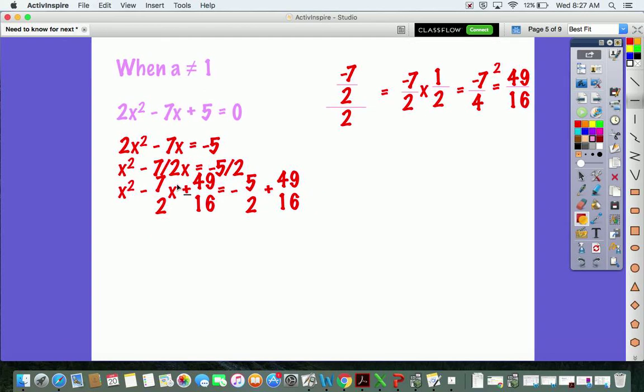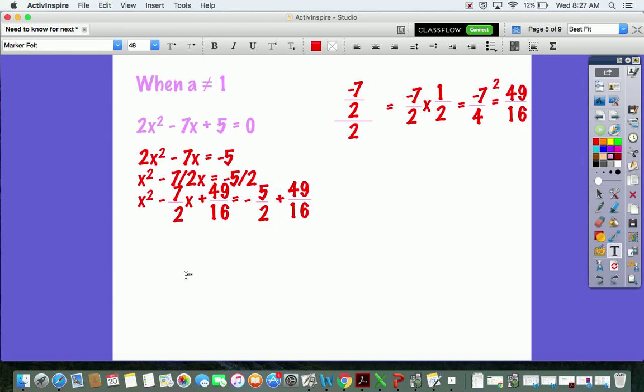So the process still stays the same. You just have to be careful when you have an A and you divide and it doesn't give you a whole number. You are going to be dealing with some fractions.